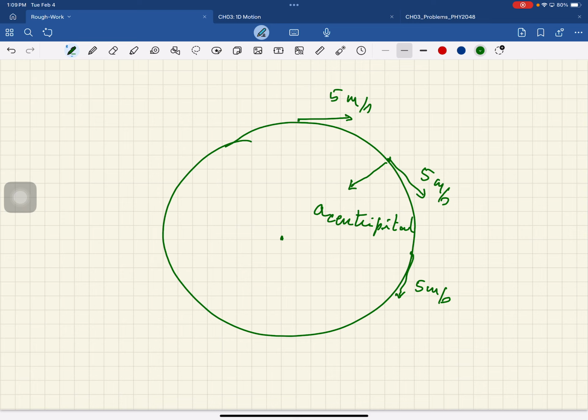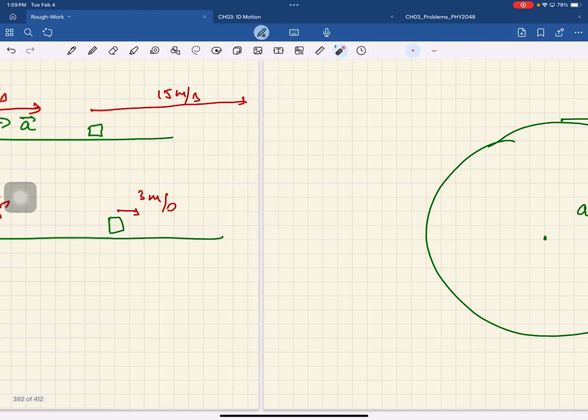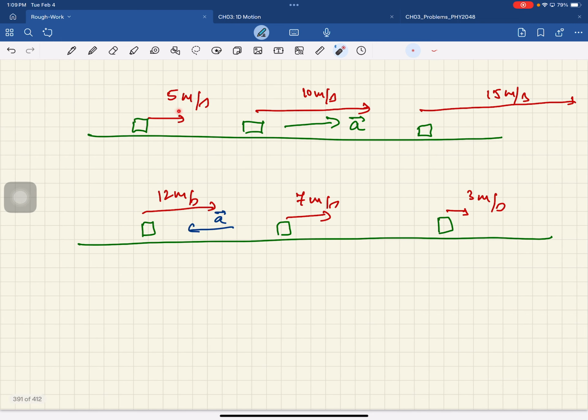When the acceleration arises just because of the change in direction of the velocity, then it is perpendicular to the path. When you're accelerating just because of change in magnitude of the velocity, the acceleration is tangent to the path.